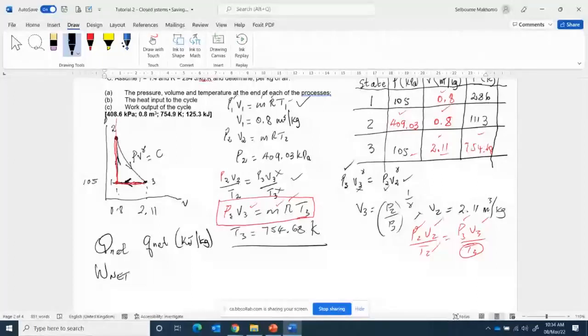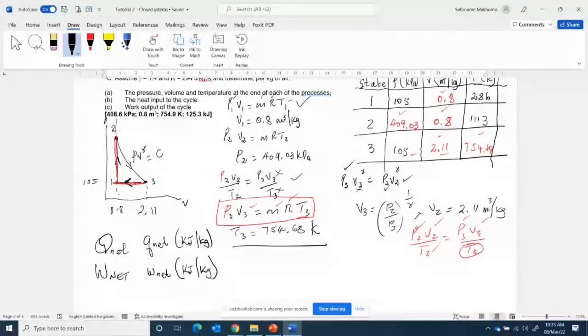Similarly, with the work net, you are going to have a small w because our units are in kilojoules per kilogram. So I think the question should be calculate the work done before the heat.